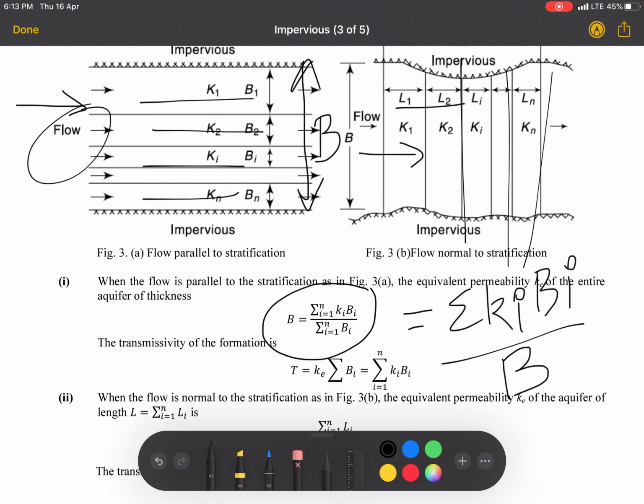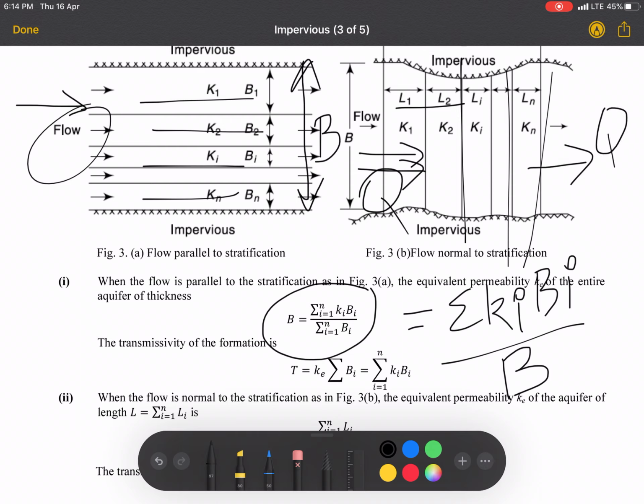What is happening actually: in the parallel case the head loss will be constant, and in the perpendicular case the mass Q coming in from here will exit here.